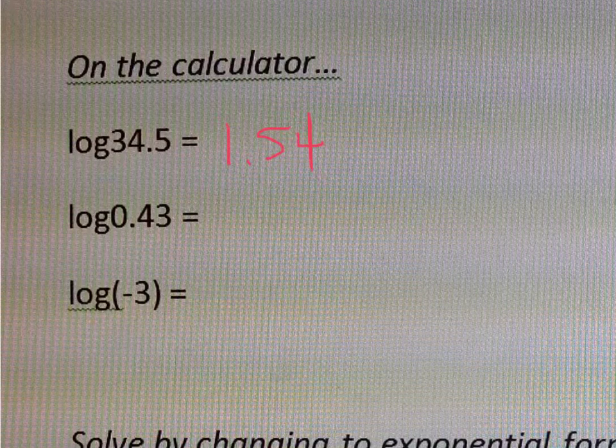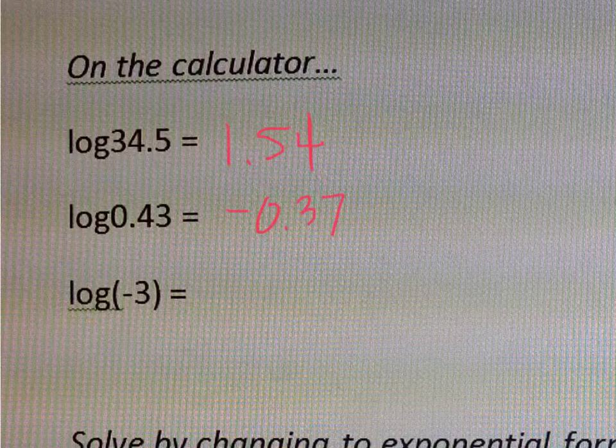When you type in log of 0.43, you're going to get negative 0.37. I want you to think about why we might get a negative answer here. Remember that we can change this to an exponential to think about a solution. So that would mean we take 10 to some power gives us 0.43.